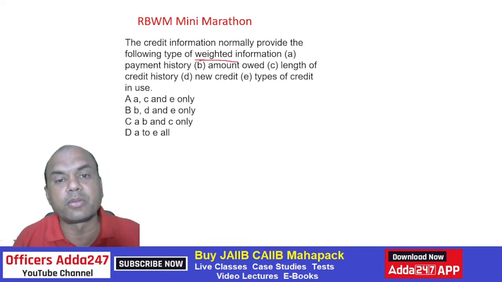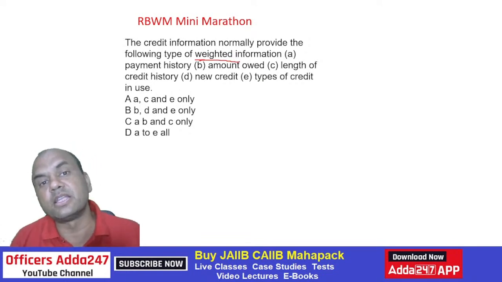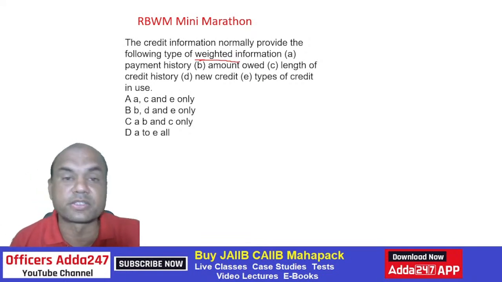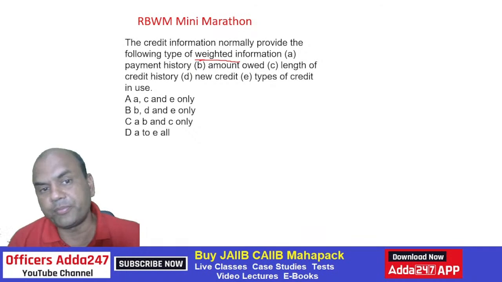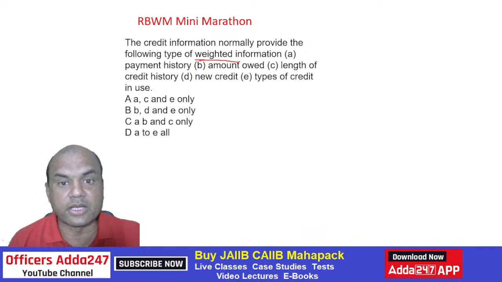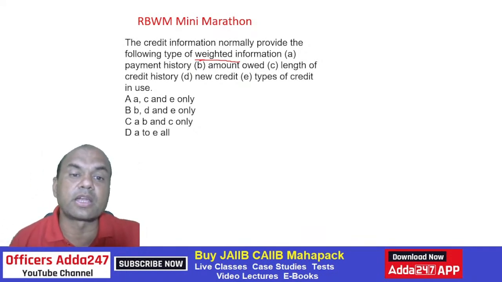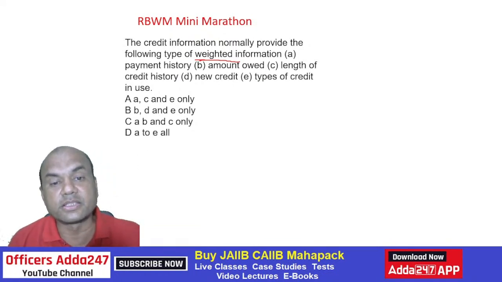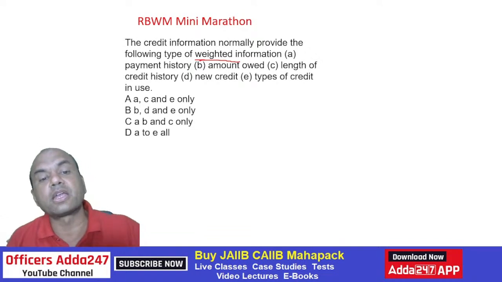It means whichever is the latest information will be shown first, and whichever is the older information will be shown last. So payment history, yes. Amount owed, yes. Length of the credit history, yes. New credit, whatever new credit is taken, that also? Or types of the credit in use?